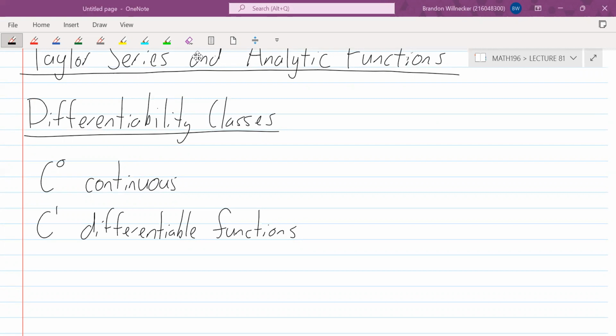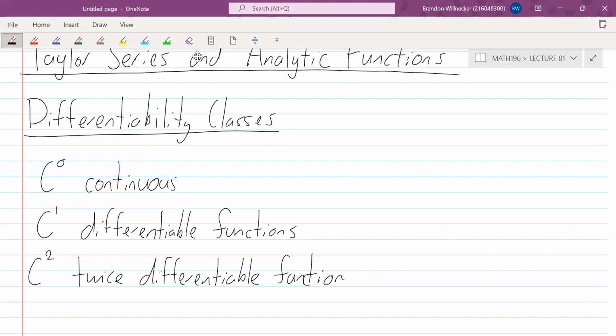Then we have the set C2, the set of twice differentiable functions, where you can differentiate twice and the result is continuous.